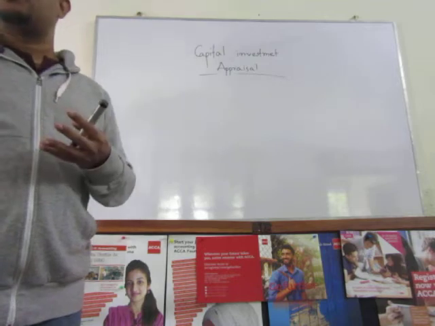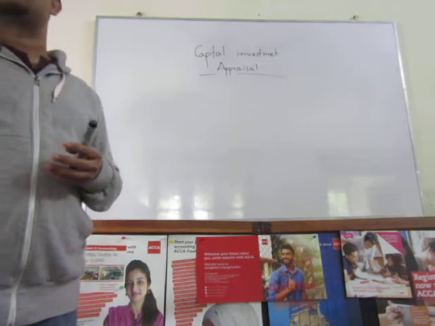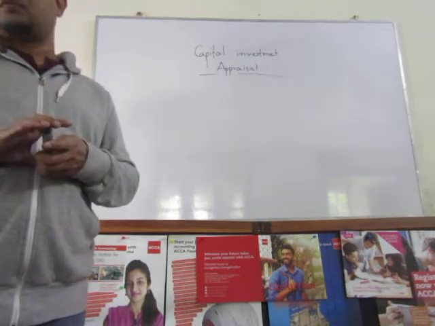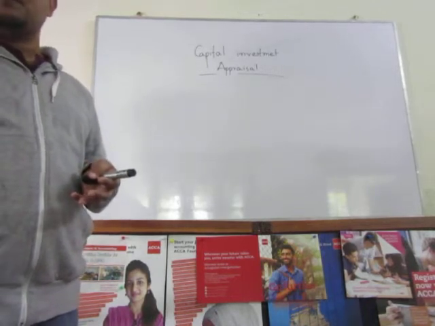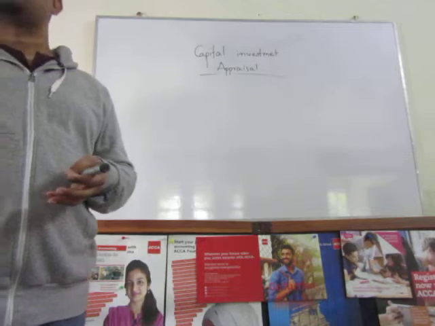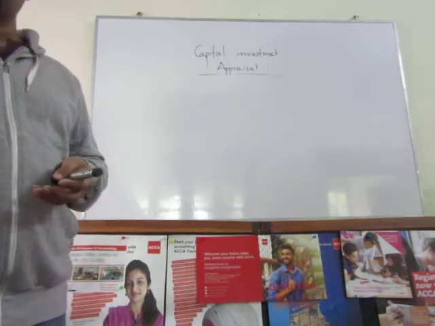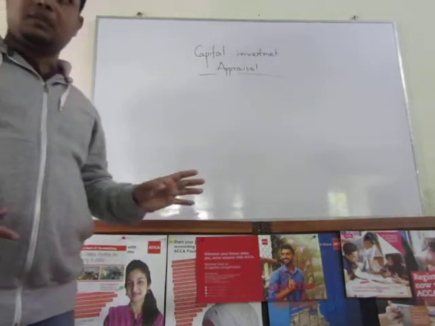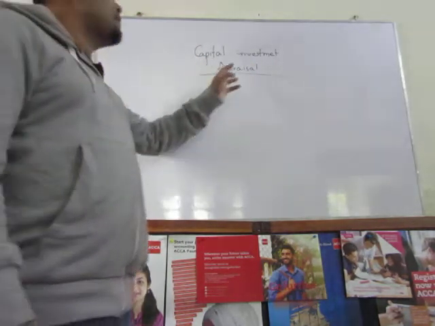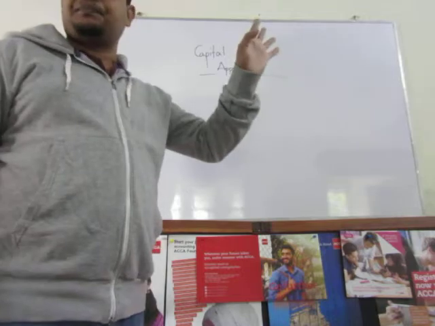Our task is to make sure of the best possible one, which means the best use of our investment. That's why we will discuss several kinds of financial methods here. Clear? That's why the name is Capital Investment Appraisal.